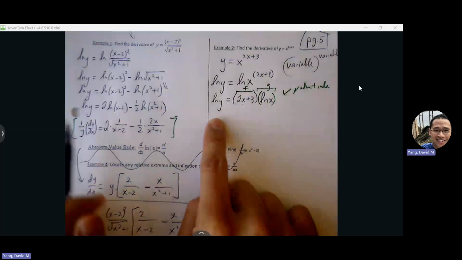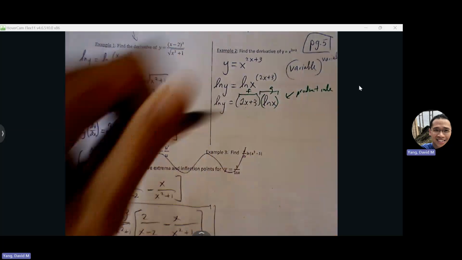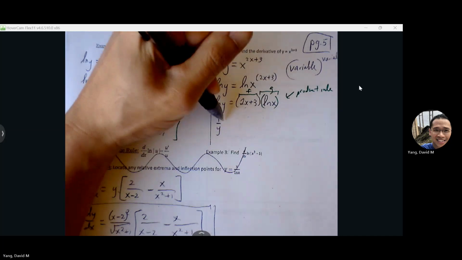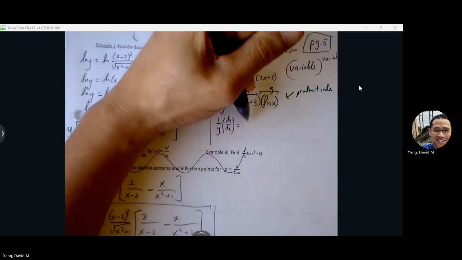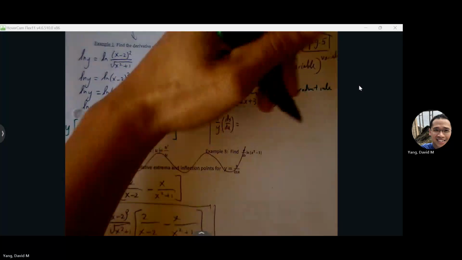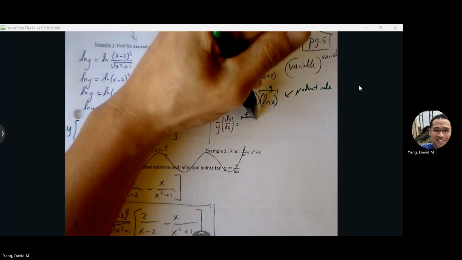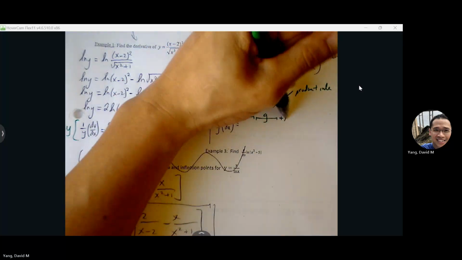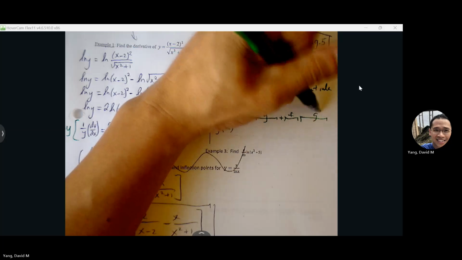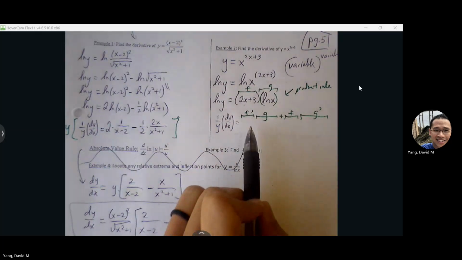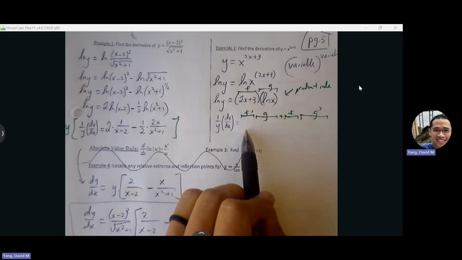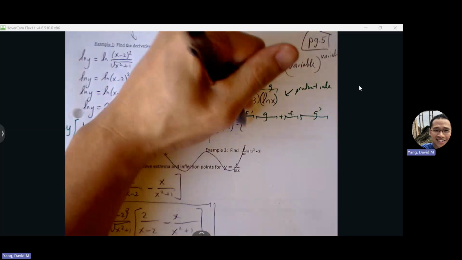Okay, so natural log of y, just like before, same process, 1 over y, dy dx. Okay, f prime, 2x plus 3 becomes 2.